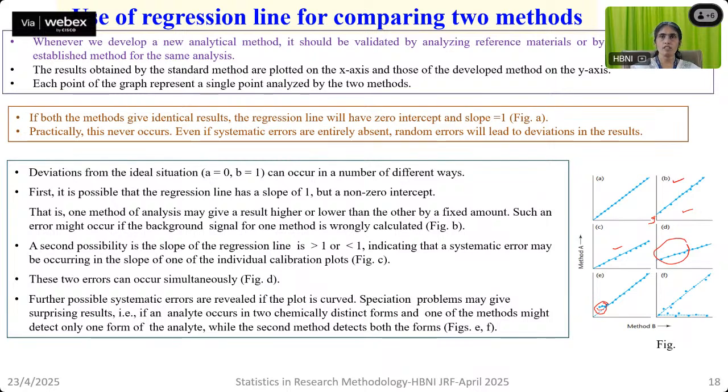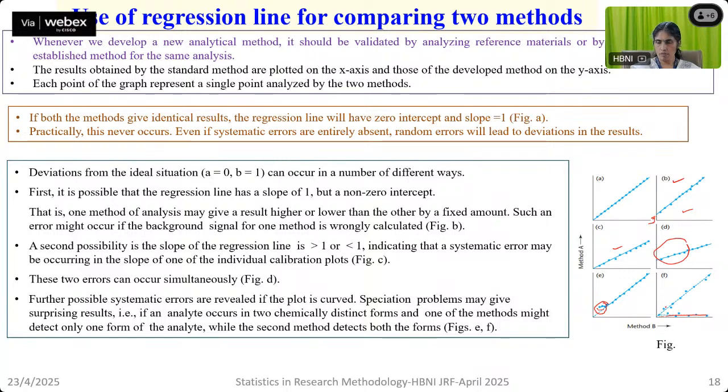If at all more than one species is present in the system and one of the methods is blind to such species, you will see unexpected results, sometimes scattered data on either side, sometimes only one method will give you reliable data, the other method is almost blind to the signal.